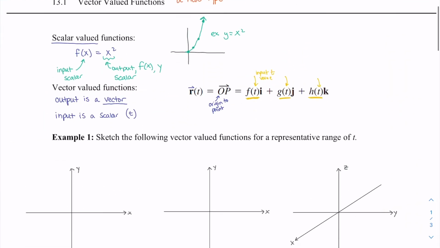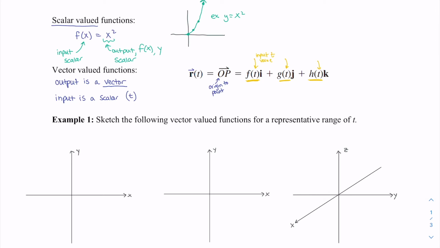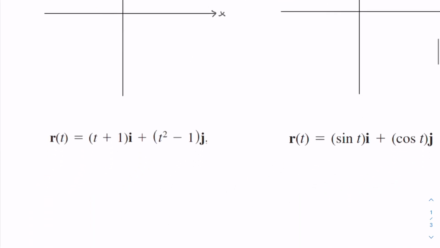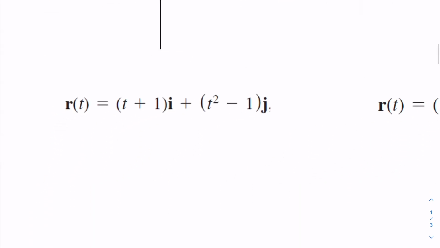So let's just take a look at example 1 where it's asking us to sketch some of these vector valued functions for a representative range of t. So we're just going to plot enough t values so that we get an idea of the picture being made. So here we have r of t is equal to t plus 1 in the i direction and t squared minus 1 in the j direction.